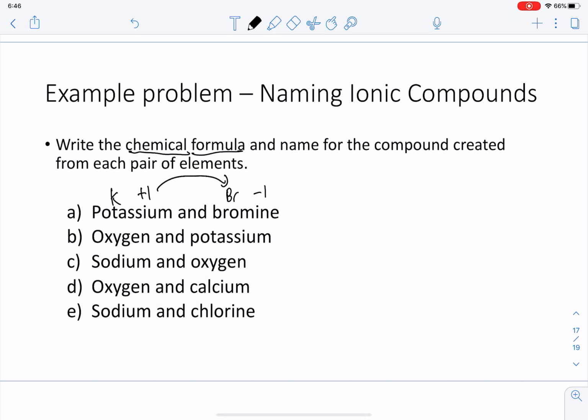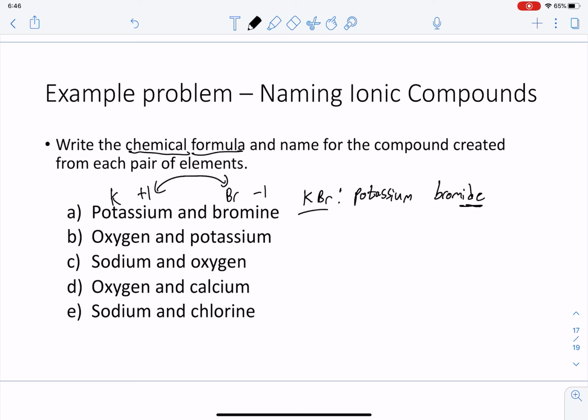So these guys form a 1-to-1 ratio. They'll cancel out right away. So our formula is just keeping it 1-to-1, KBr, and the name for it is going to be potassium bromide. All I did was change that ending to IDE.